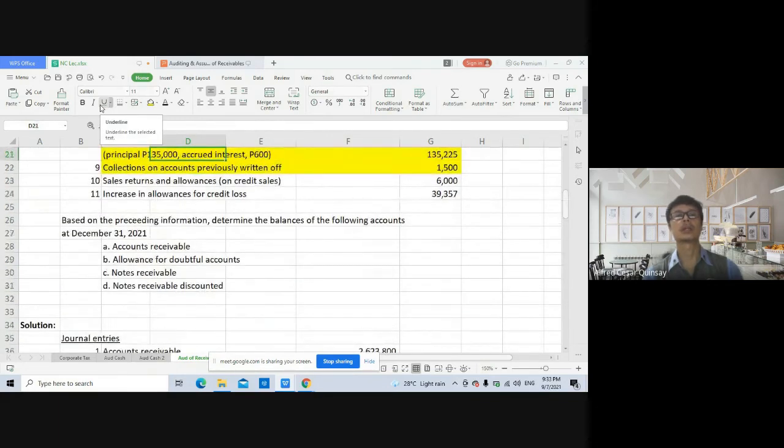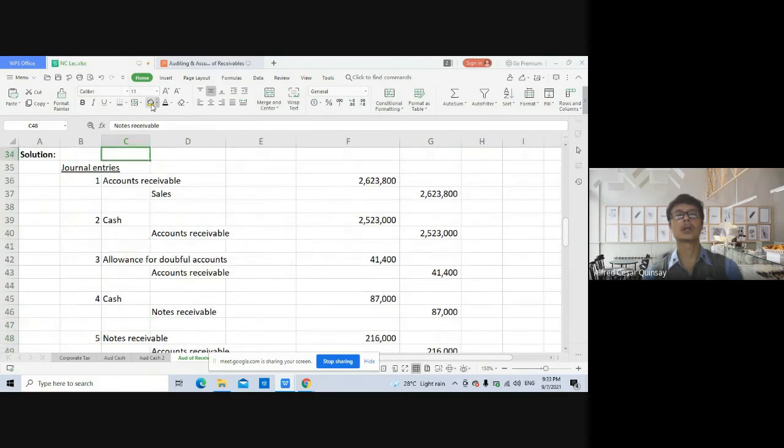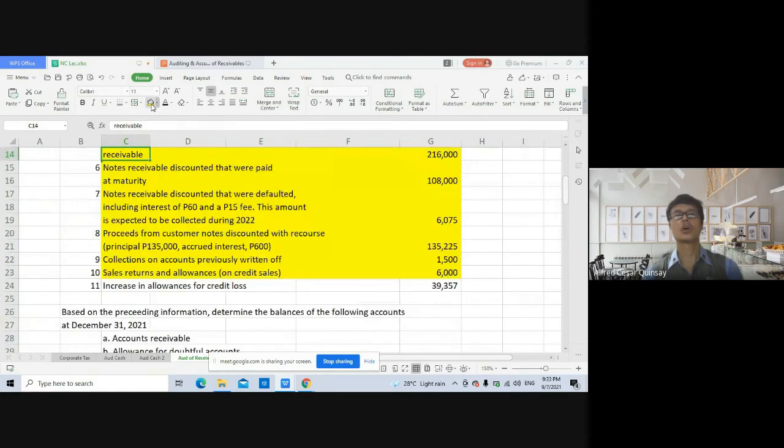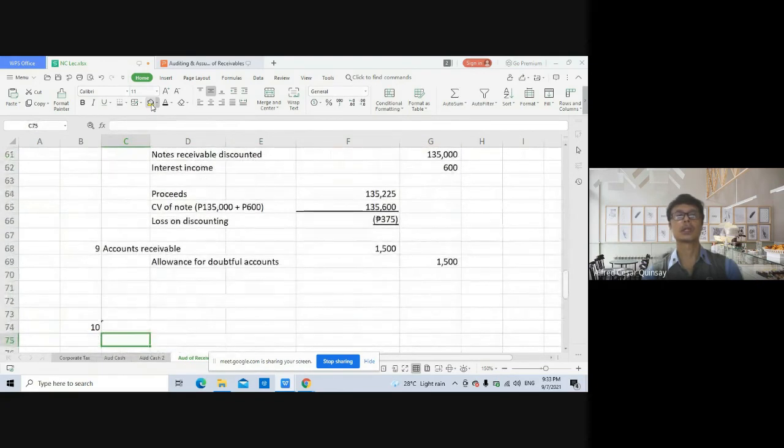That's number 9. Next is yung sales returns and allowances on credit sales, that's 6,000. By the way, no?